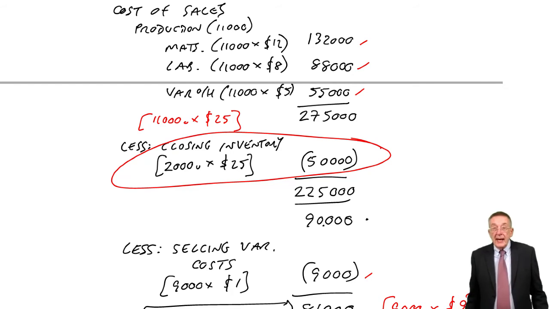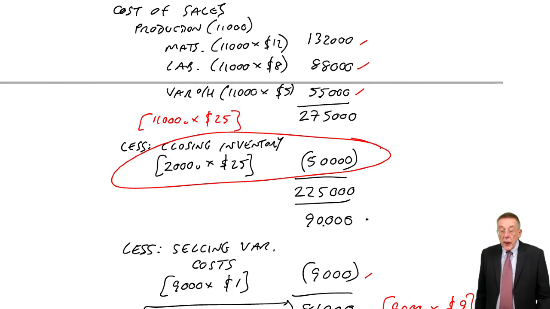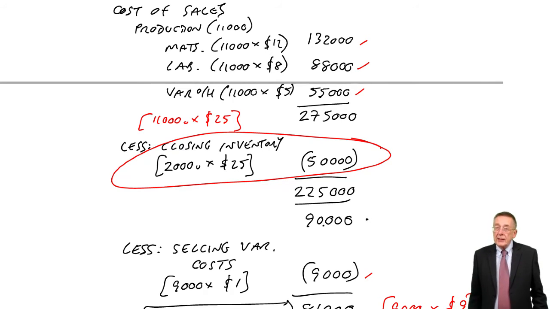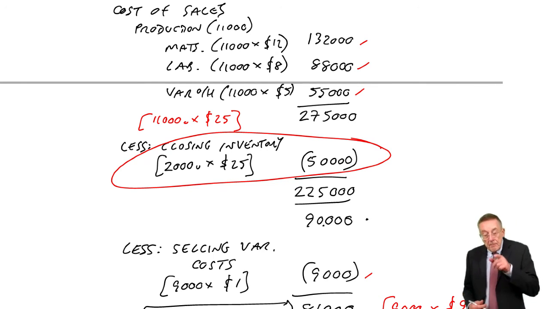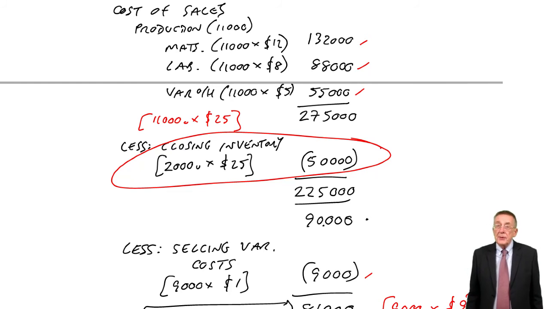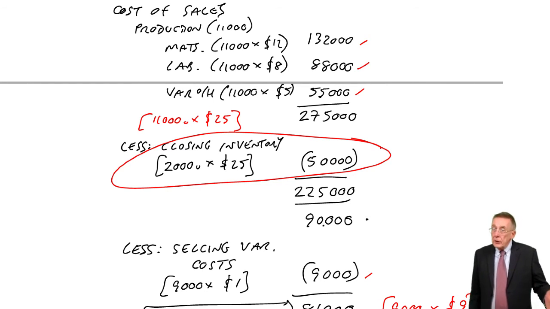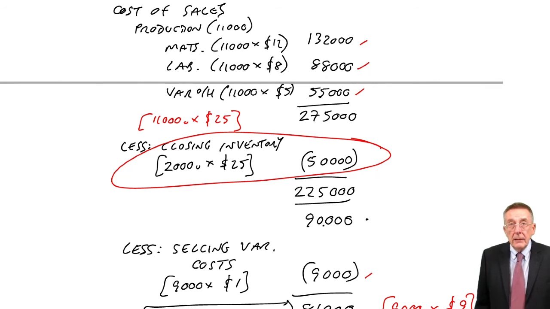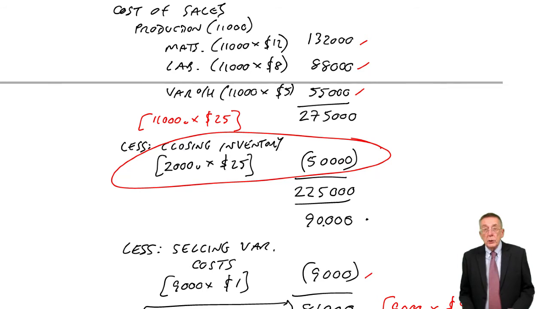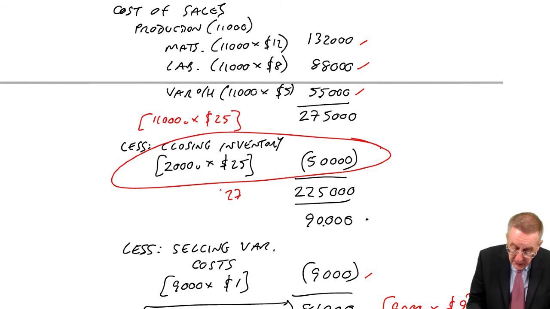Again, I can't wind back now to chapter 9, but the closing inventory, there were 2,000 units. In marginal costing, we valued them at $25 a unit. If you look back to chapter 9, when we did absorption costing, the cost card included fixed overheads, and they were valued at 27 a unit.